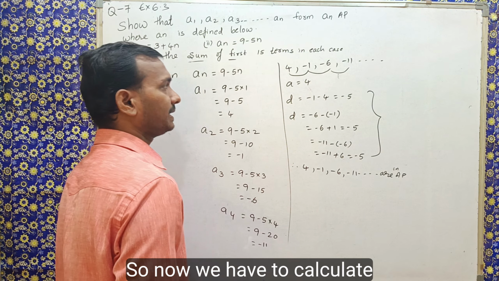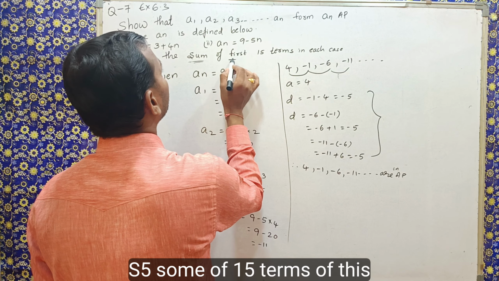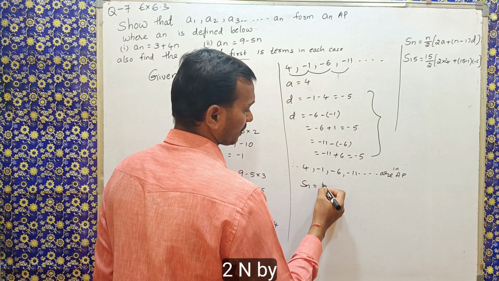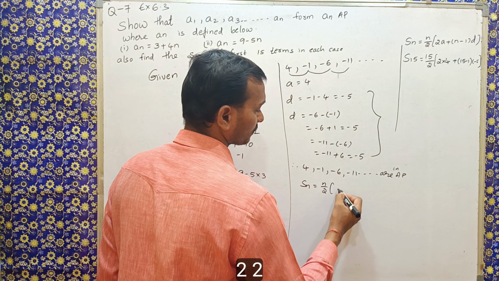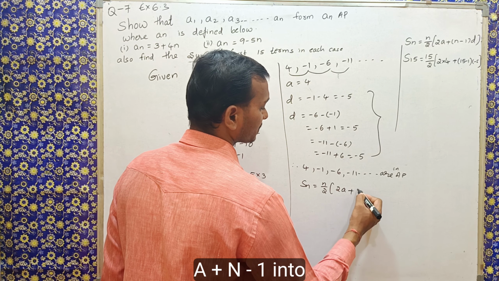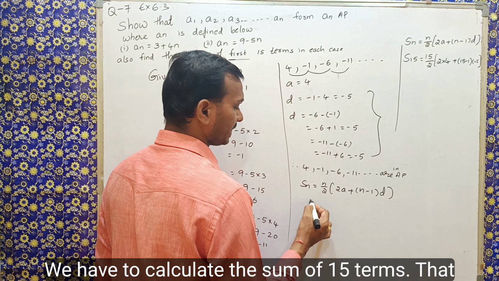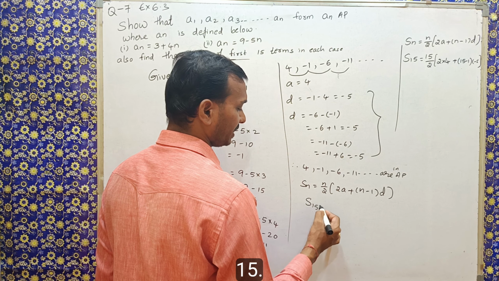So now we have to calculate S15, sum of 15 terms of this series. So Sn is equal to n by 2 into 2a plus n minus 1 into d. We have to calculate the sum of 15 terms, that is S15.